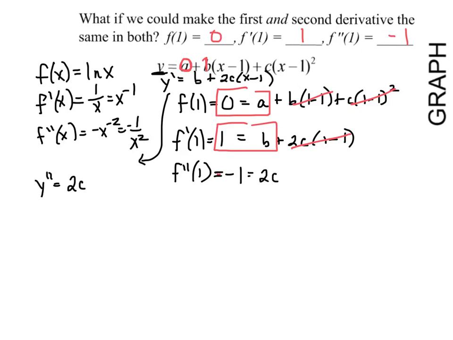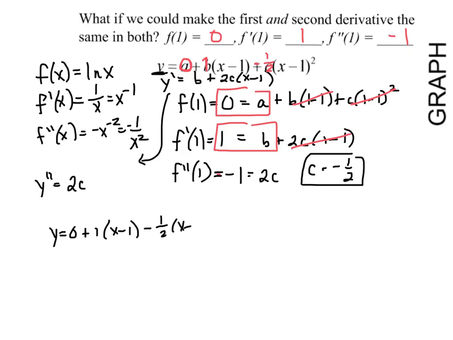So if negative 1 is equal to 2c, then of course c is equal to negative 1/2. So I could put that up here. So my polynomial is y equals 0 plus 1 times x minus 1, that's the tangent line, minus 1/2 times x minus 1 squared.